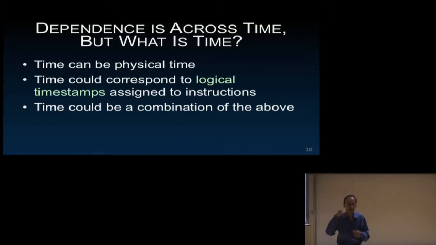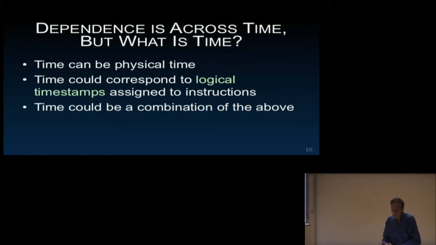I'm the front of the line. Logically, it was my timestamp that came first, and that's obviously going to reflect on the correctness and the semantics of the program execution.